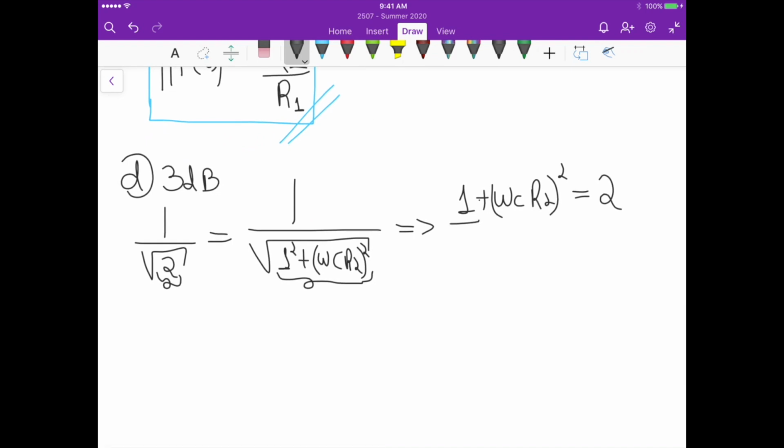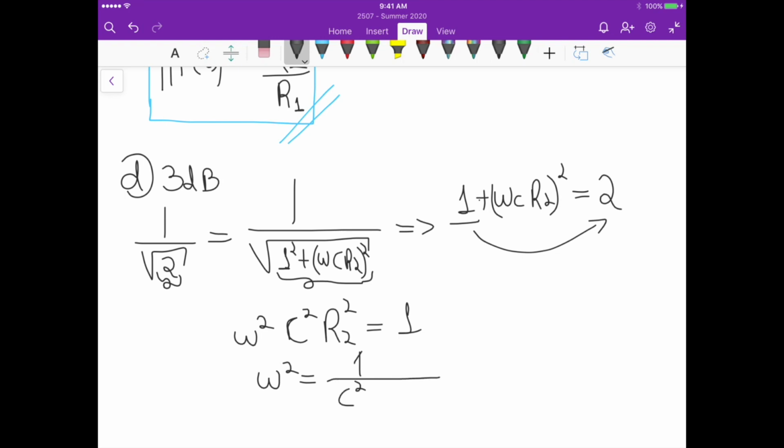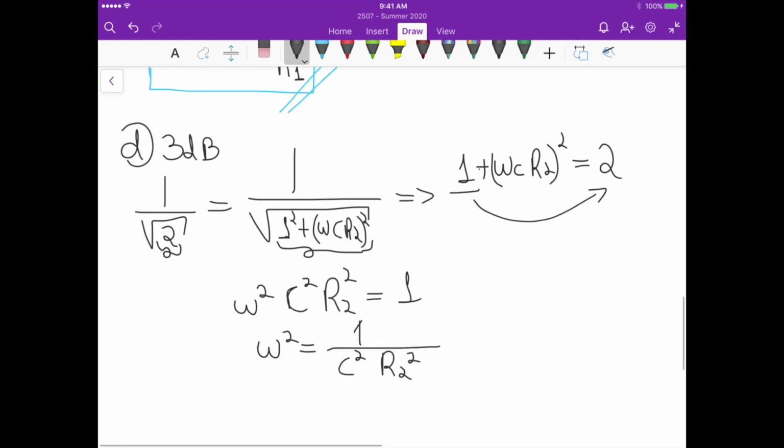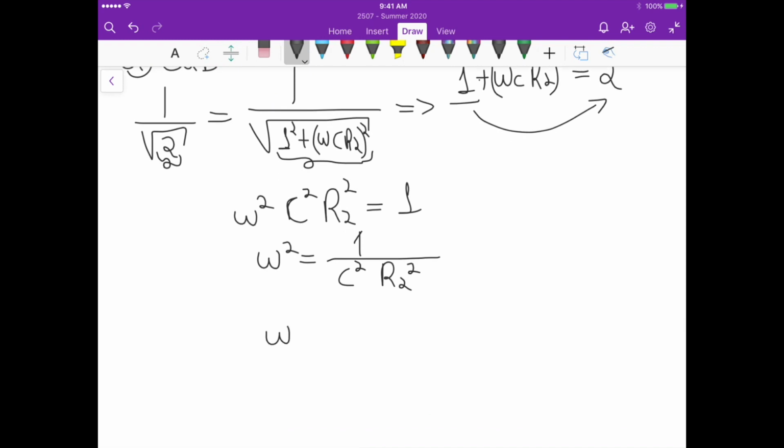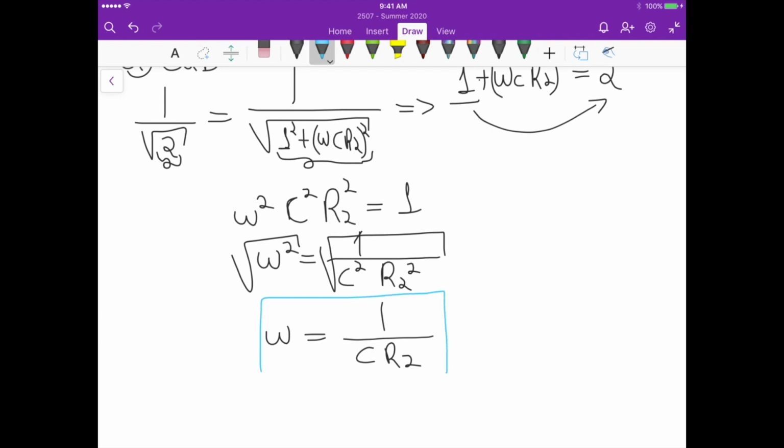Now if you move it to the right hand side, it becomes omega squared C squared R2 squared equals 1. So omega squared equals 1 divided by C squared R2 squared, and if we take the square root on both sides, omega equals 1 over C R2. So exactly at this frequency we have our 3 dB frequency.